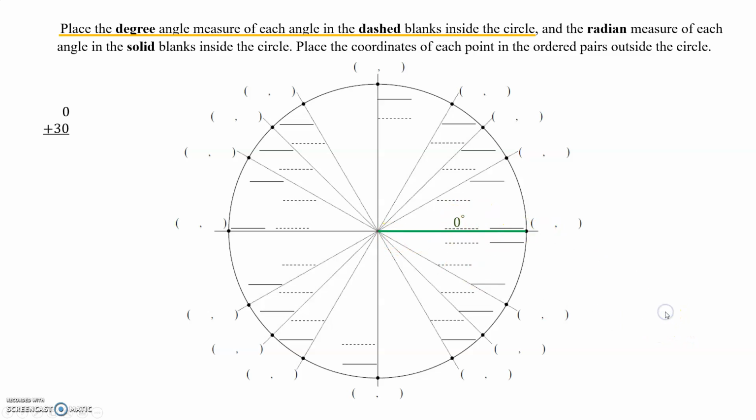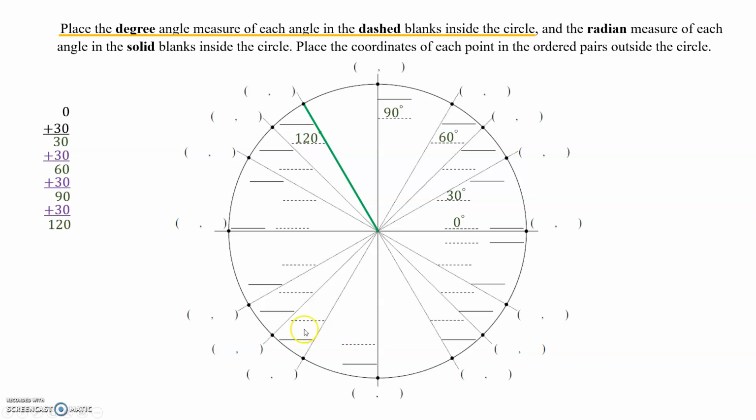If I add 30 to that, I get 30, which means this next angle is 30 degrees. The next would actually be 45, but I'm going to skip that and come back around. So I'm going to first take care of all of the multiples of 30. If I add 30 to that, I get 60. There's my 60-degree angle. Add 30 to that, there's my 90-degree angle. Add 30 to that, 120.